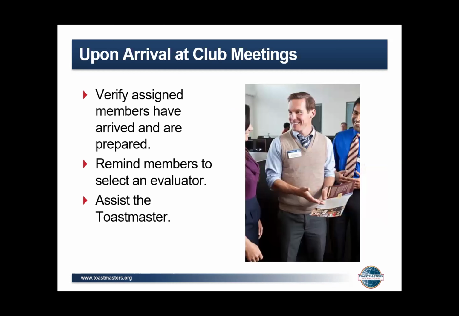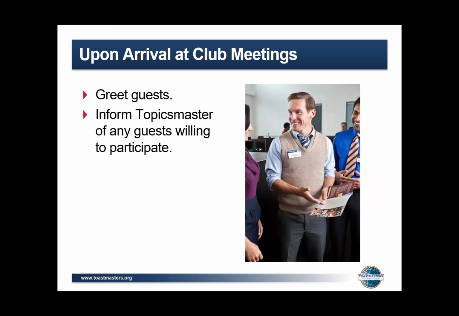What's the very first thing you do when you arrive at a club meeting as a Toastmaster in general, but definitely as a club officer? You greet all your guests. You greet people. Yes, you greet everyone, and you inform the Toastmaster if any guests are willing to participate.